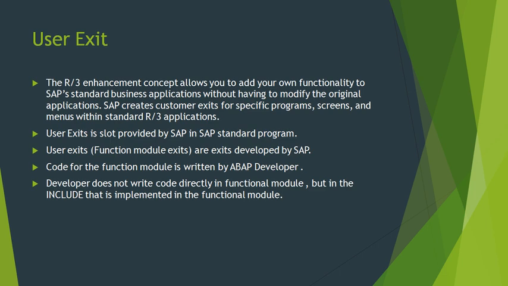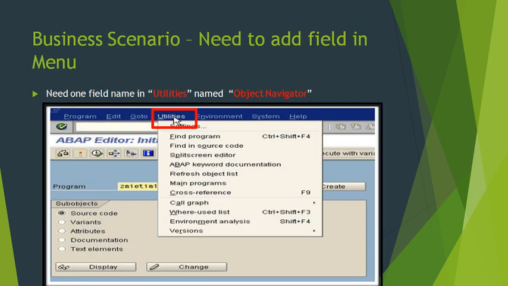Developers write the code, because all this coding is done by the developer, and they are not writing directly into the function module, but they are writing this code into the include which has been provided in the function module. So we can see one business scenario.